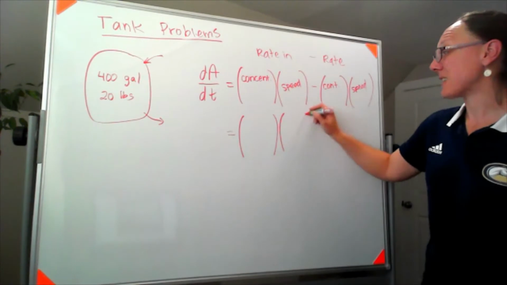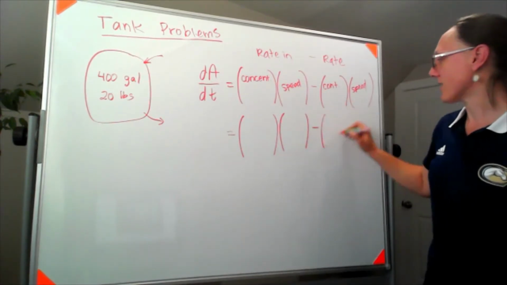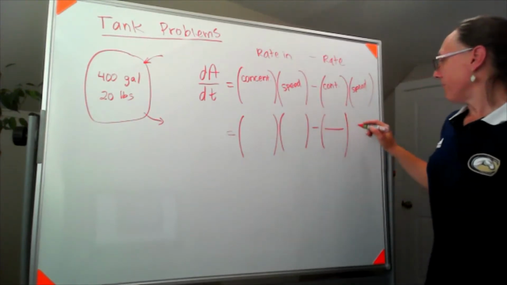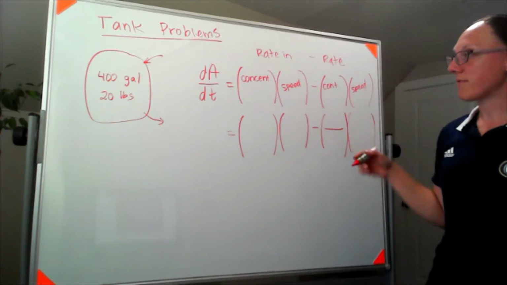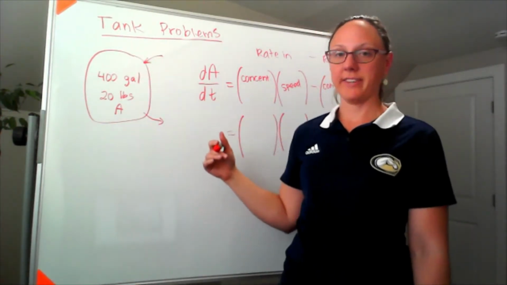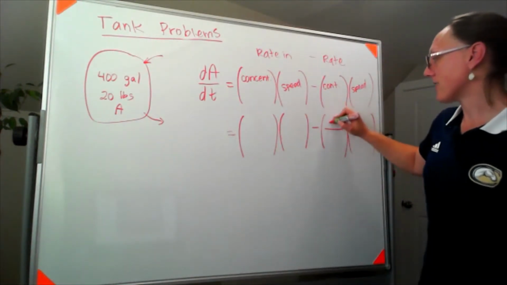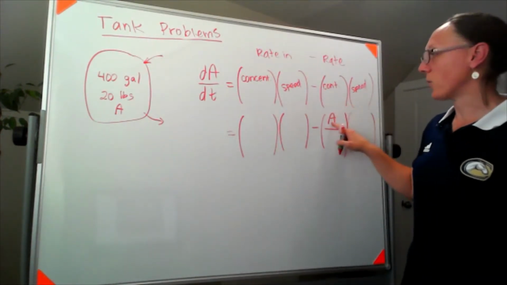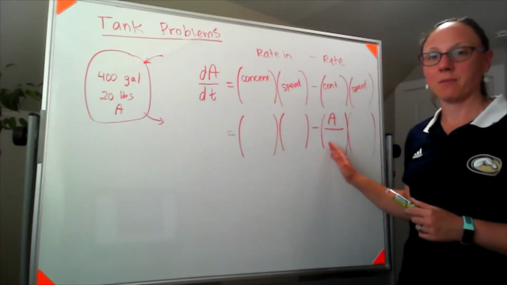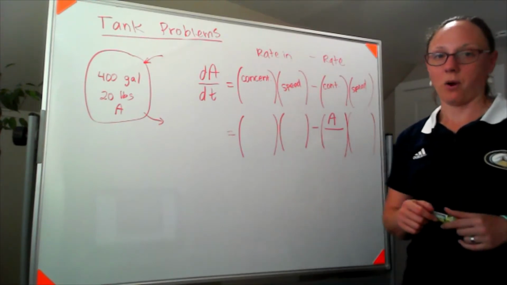I didn't give us a speed yet, but I already know part of the concentration for what's flowing out. Because it's flowing out of the tank, the total amount of stuff for that concentration is always going to be whatever it is we're talking about. At the bottom is going to be some sort of volume.